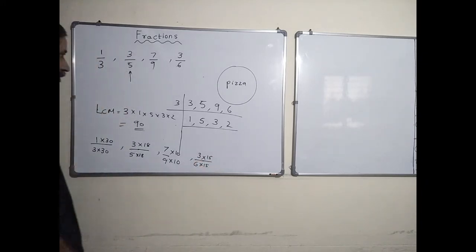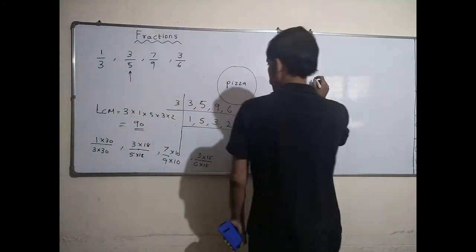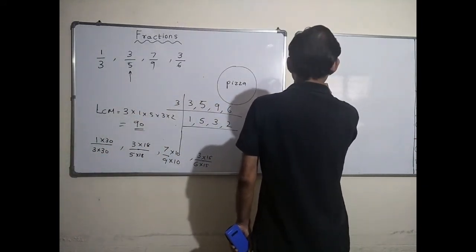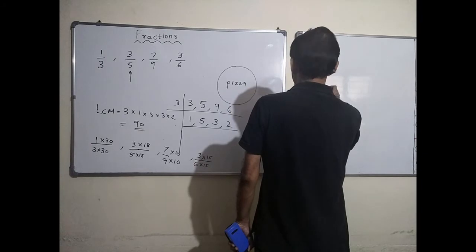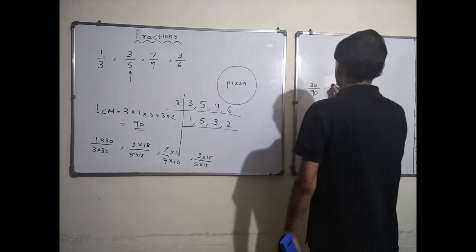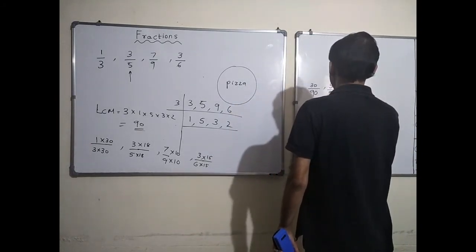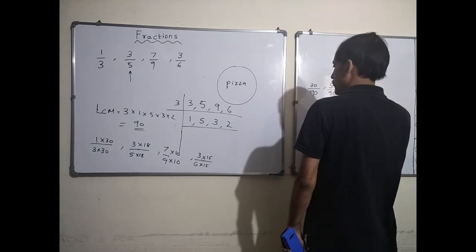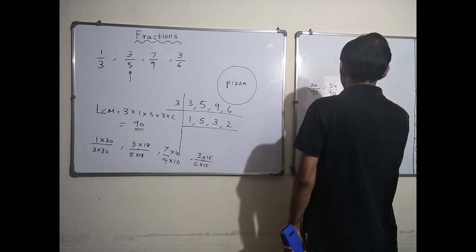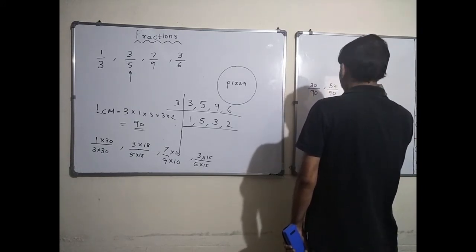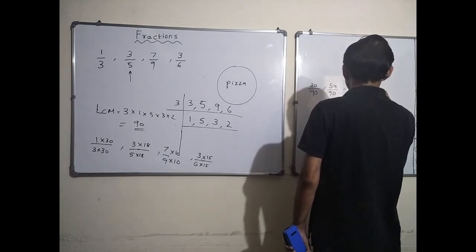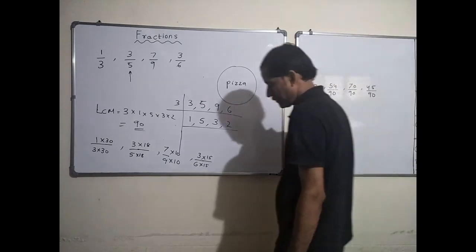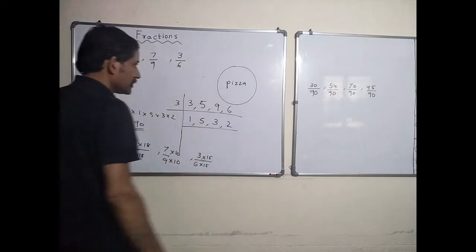So this becomes 30 by 90. The second one becomes 54 by 90, 70 by 90, and 45 by 90. So this is what it is.